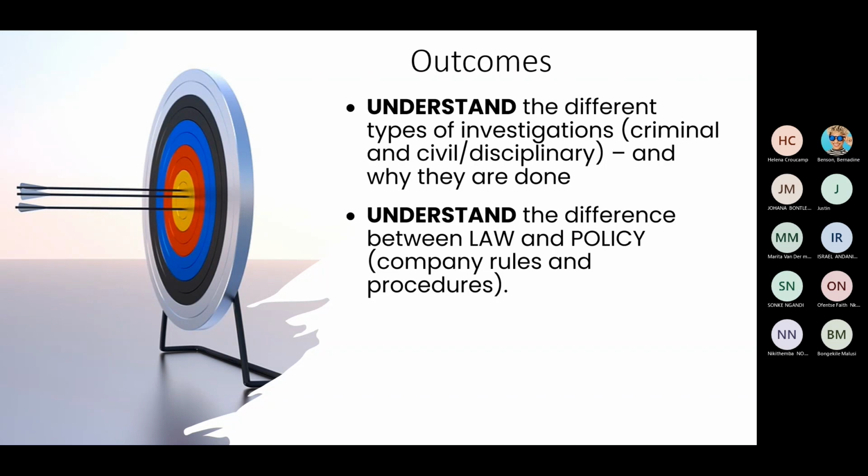Then, how well do you also understand the difference between law, as in common law and statutory law, and policy, our company rules and our procedures? Let's think on that for a moment. And let's ask ourselves, is there something that we're still a little bit unclear about? And then just make a mental note or jot it down so that we can chat about it when we're done.